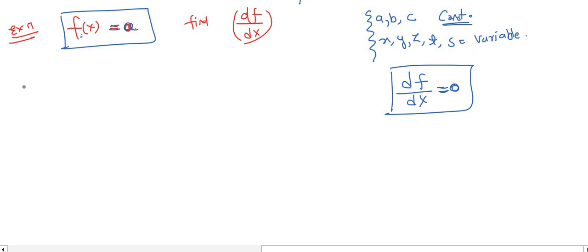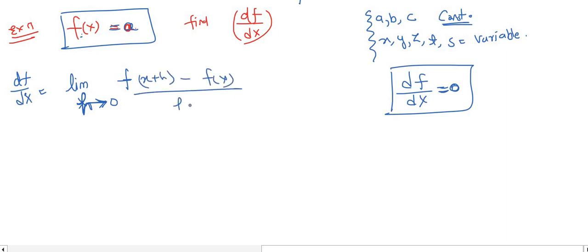But let's solve it. Okay. So df by dx will be limit h is tending to 0 by first law, f of x plus h minus f of x by h at any point. Correct? So let me write down limit h is tending to 0.